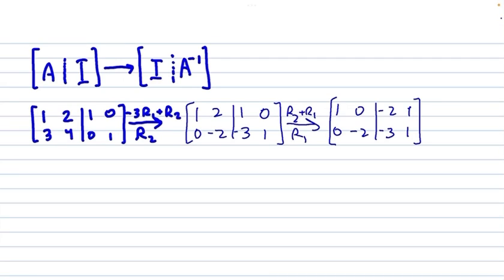So we're getting closer and closer to finding our inverse. The next step that we will do, I'm coming down to the next line. To make this -2 into a 1, I would multiply -1/2 times row 2 to give us a new row 2.